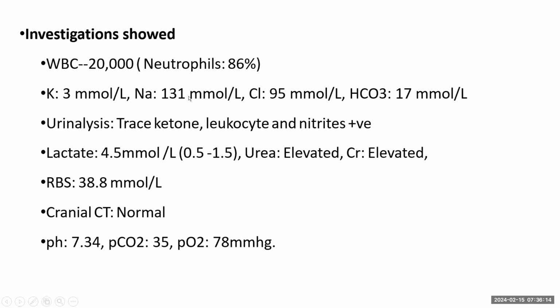So with this, although we are not given urea, they just told us that urea is elevated. Yes, it might be difficult to calculate serum osmolality. So what you do is you can calculate without the urea. Then since urea is elevated, you can assume it's between 7 and 10, and see, even without the urea, what happens. Can you get something important? So why don't you try and calculate it and see?